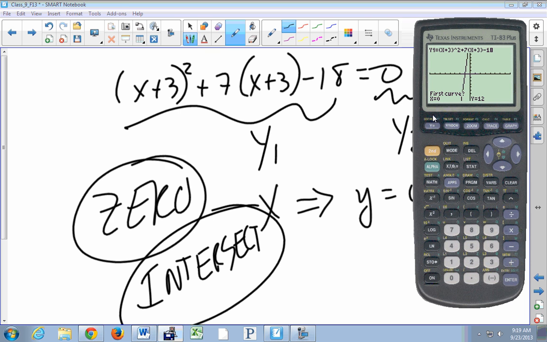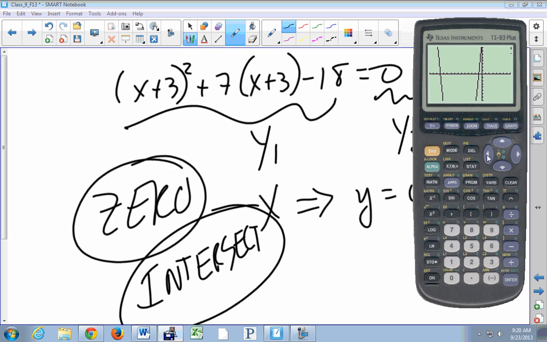So look, we can't see. What were our answers? Negative 12. And what's the standard window give us for our x min? Negative 10 to positive 10. So we can't see our other solution. So we have to change this to negative 15 and regraph it.